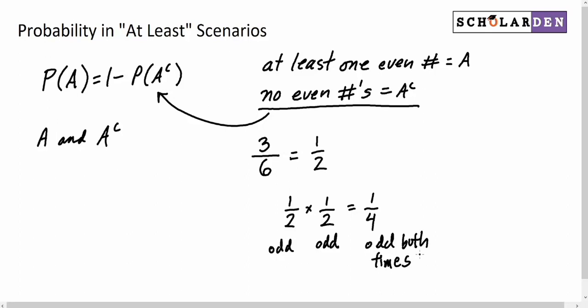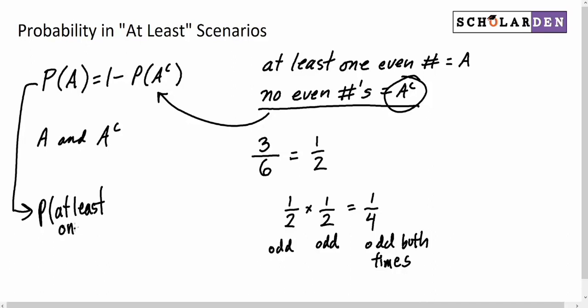But that is AC. That's the complementary event to getting at least one even. So we can use this formula and say the probability of at least one even, that's what we're calling the event A, is equal to 1 minus the probability of odd both times.